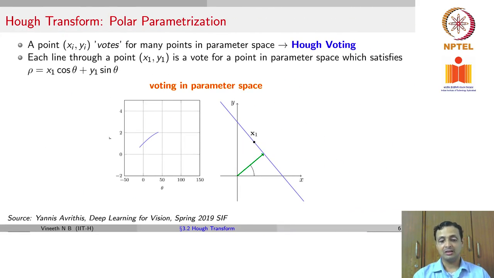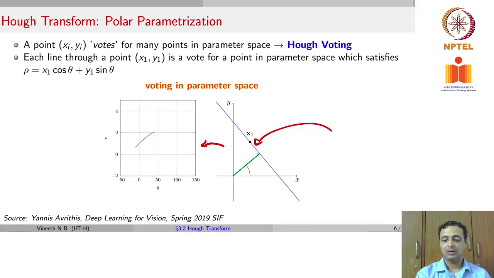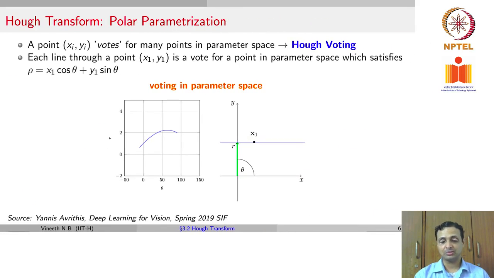Here is another line that passes through x1 and that would vote for a different point in the parameter space, which is here. Here is another line that passes through x1 that would vote for a different point in the parameter space. Remember, the parameter space now is defined in a polar parameterization, and you keep repeating this for several lines that could have passed through x1, and all of them get votes in the parameter space.